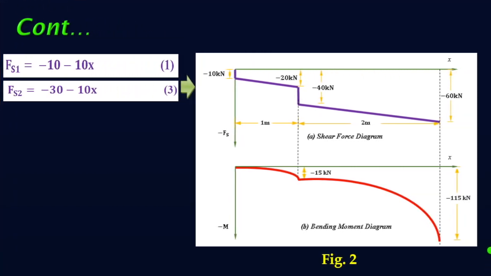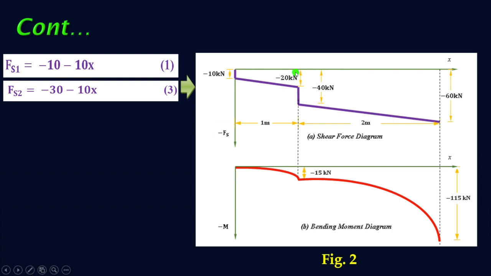Now here we are writing the equation of shear forces, equation 1 and 3. See, it is the equation of a straight line with negative slope. And at x equals 0, we determined that the value is minus 10 kilonewton.